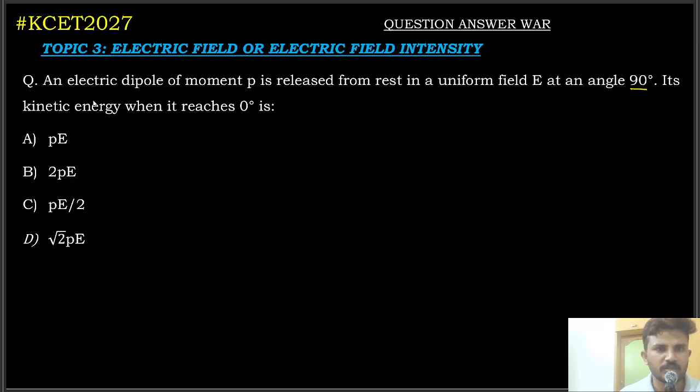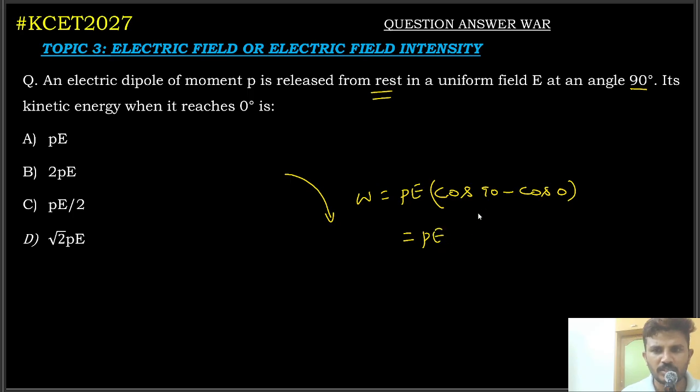So here when the dipole moment P is released from rest at 90 degrees, by the time it reaches 0 degrees, the work done is equal to PE into cos theta 1 minus cos theta 2, that is PE cos 90, which is 0, minus cos 0, which is 1.